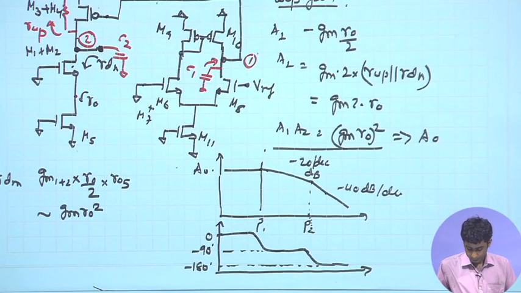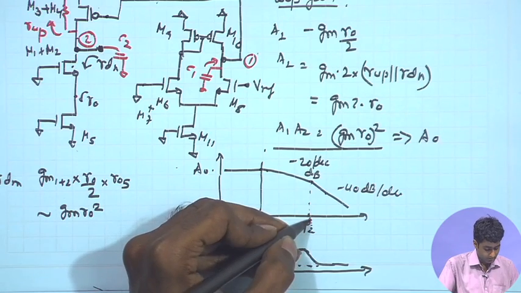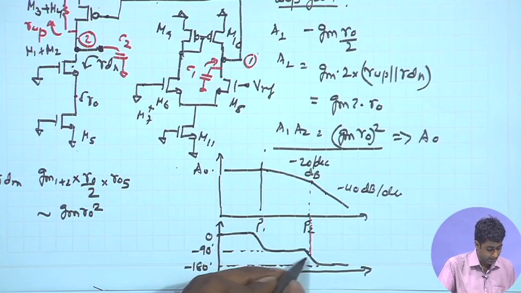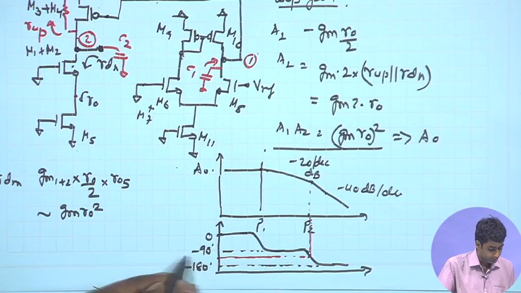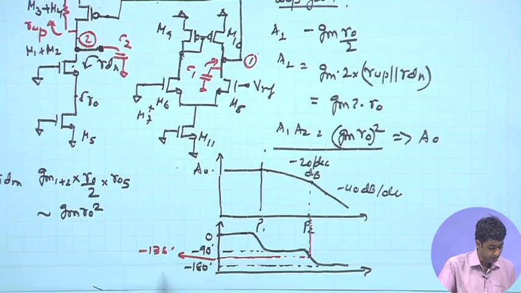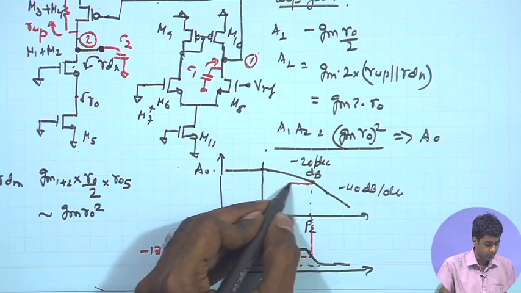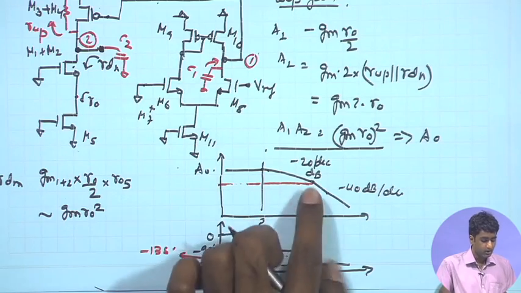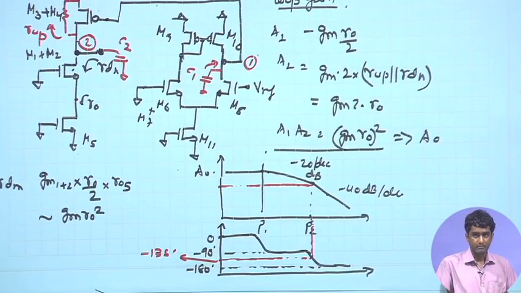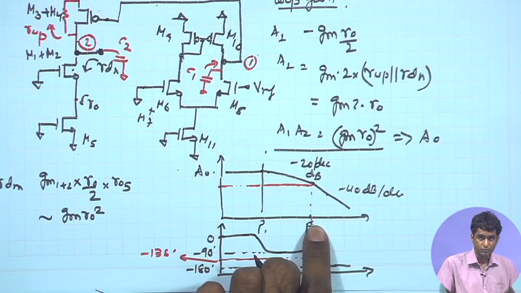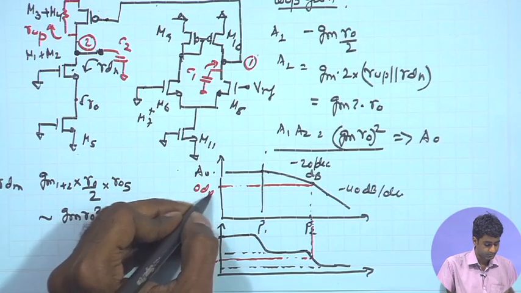So at P2 I have a phase which is close to minus 135 degree, and as a result I would like to have my 0 dB crossing point at P2. So I would like to make sure that my gain drops to 0 dB by the frequency P2. So this should be the 0 dB point.